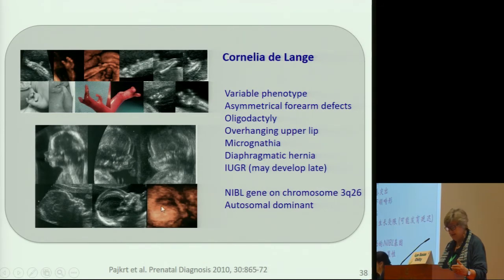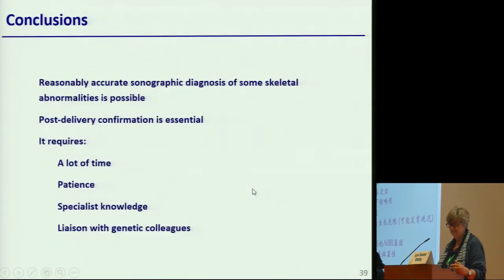You can see that quite clearly in a number of these cases, particularly in this 3D one here. So you have oligodactyly, overhanging upper lip, micrognathia. Quite a number of them will have diaphragmatic hernia, and most will have intrauterine growth restriction, but that often develops later in pregnancy. And this is due to a deletion on chromosome 3, and it's a new dominant mutation.